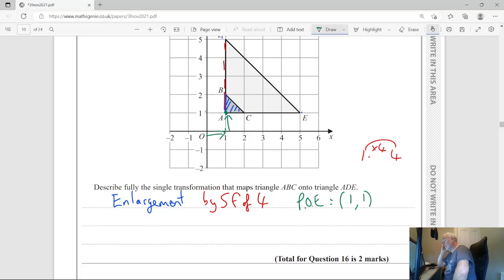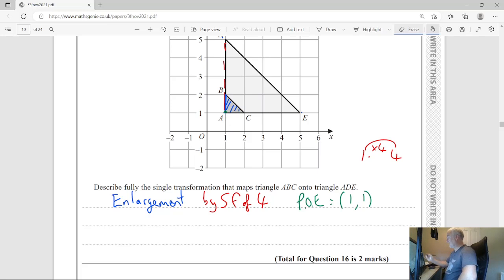And it's been enlarged from that point. Very often you'll get something where they have an enlargement and they'll do the little triangle down here. And you can see the points are not in the same place, the corners of the triangle. So we'd have to see how far away that would actually be and try and work that one out. So this is a slightly easier question than some of the ones that they will give you.